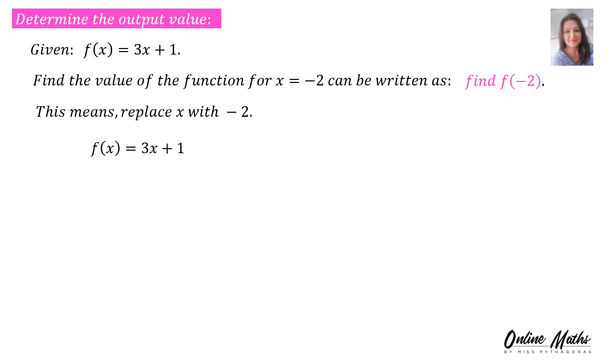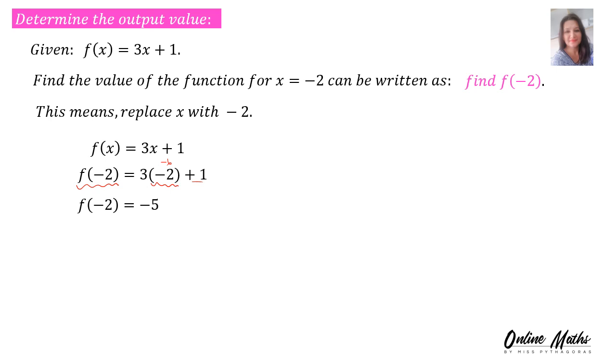So when I give you f of x is equal to 3x plus 1 and you write it as f of minus 2, this means in x's place you will substitute negative 2, and then f of minus 2 is equal to negative 5. Where does the negative 5 come from? You said 3 times negative 2 is negative 6 plus 1 is negative 5.